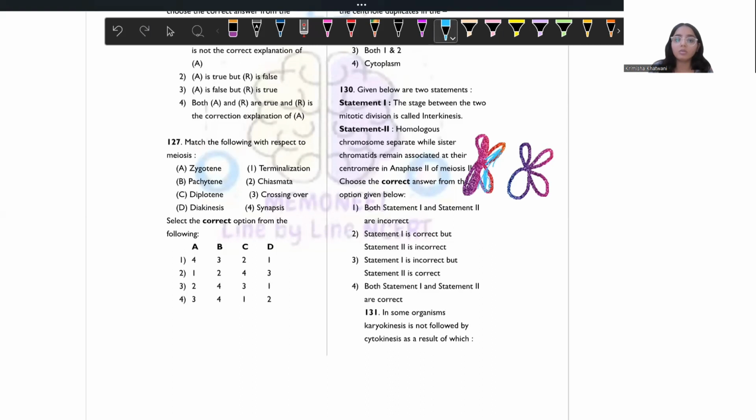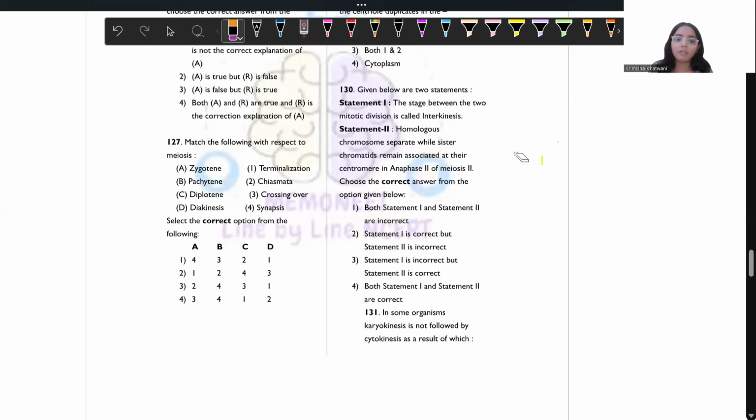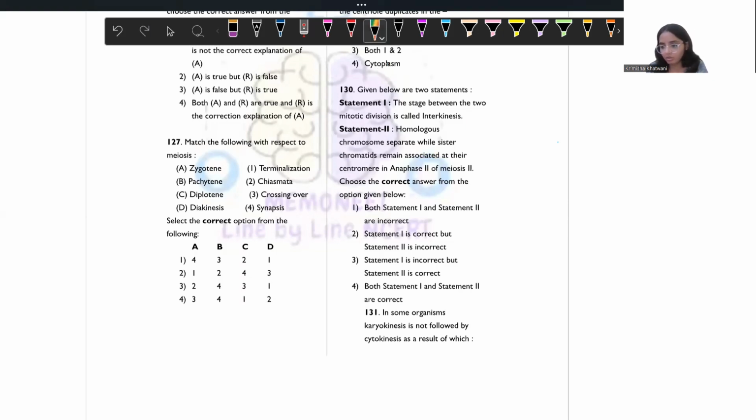During anaphase 1, this chromosome will go this side, this chromosome will go to the other pole. So the chromosomes are separating; chromatids remain together. Understood? That is why this is also an incorrect statement. So both statements 1 and 2 are incorrect, which is given in option number 1. The answer to question 130 is option 1. Understood?